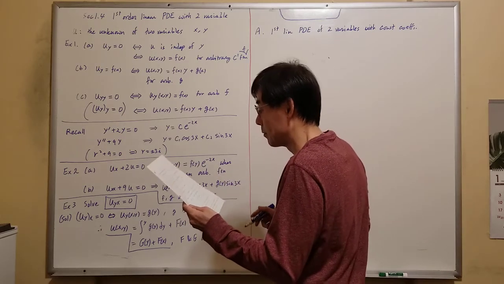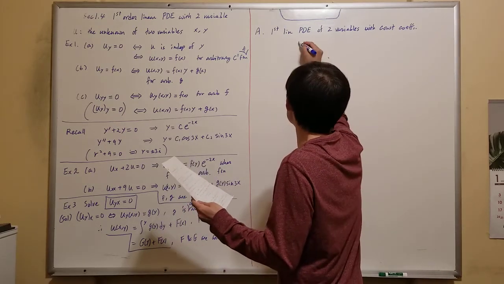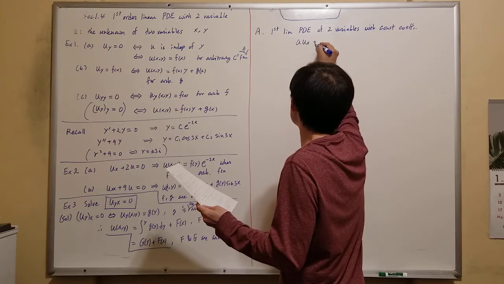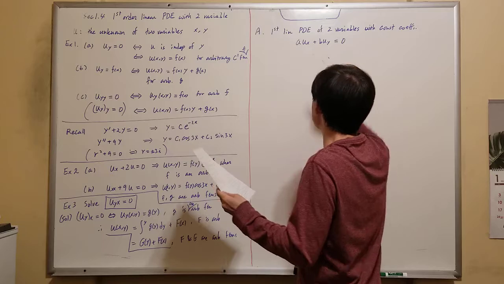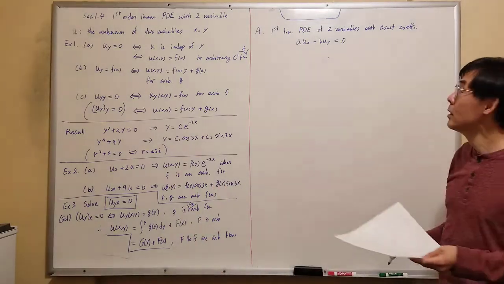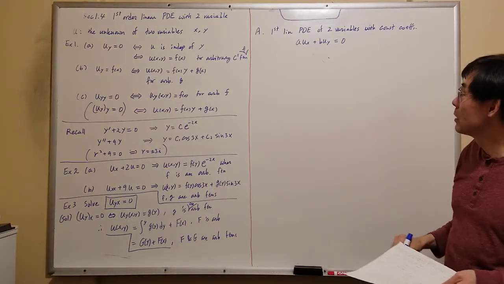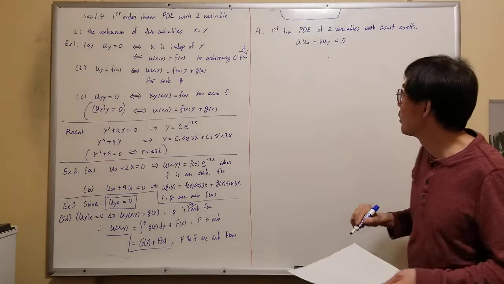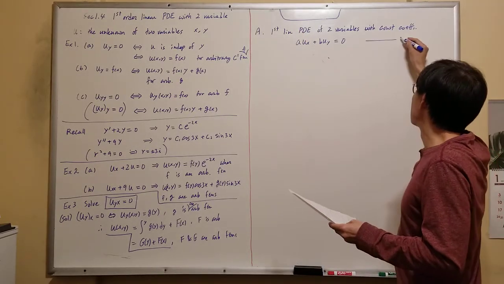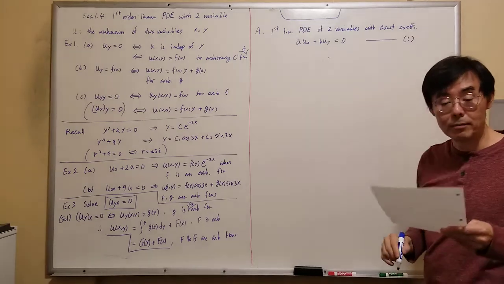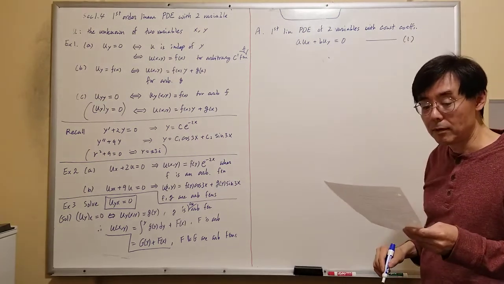Like this, constant times u sub x plus constant times u sub y equals, say, 0. Homogeneous, first order linear partial differential equation of two variables with constant coefficients. So I'm going to call it equation 1.